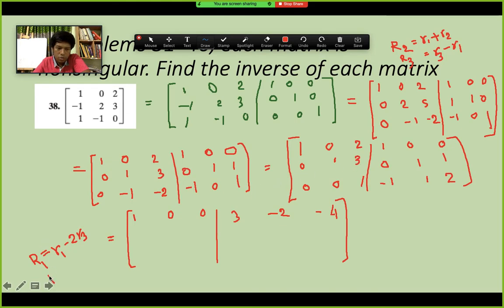That means our row 2 will be equal to row 2 minus 3 into row 3. This should give us the required thing, because this is 3, so 3 minus 3 equals 0, and no problem with the other numbers.